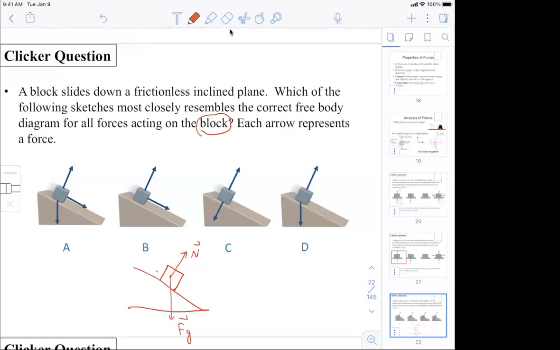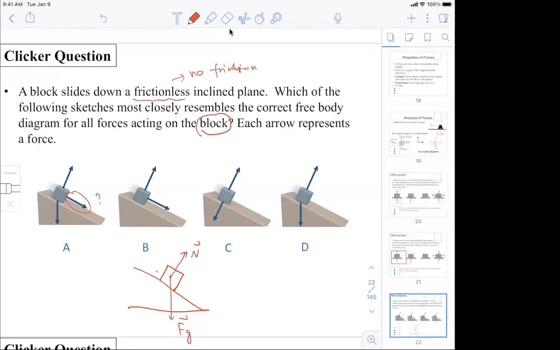Those of you who voted for A, what would this be? Friction. If there were friction, yes, it would be going against the motion, but it is actually a frictionless surface, which means we don't have to think about friction. Normally, yes, we do. In this case, since it's given, then no friction.